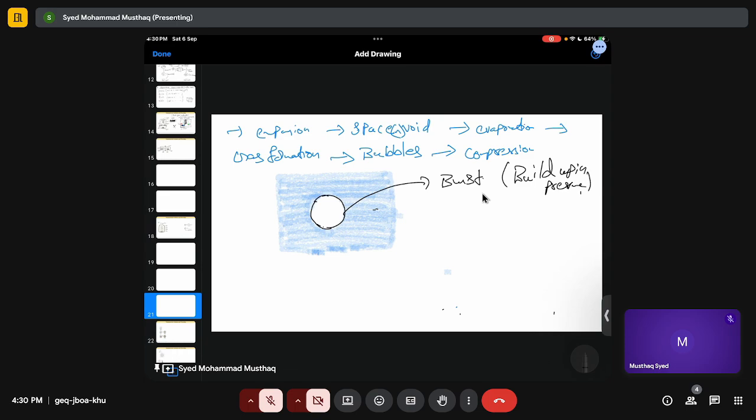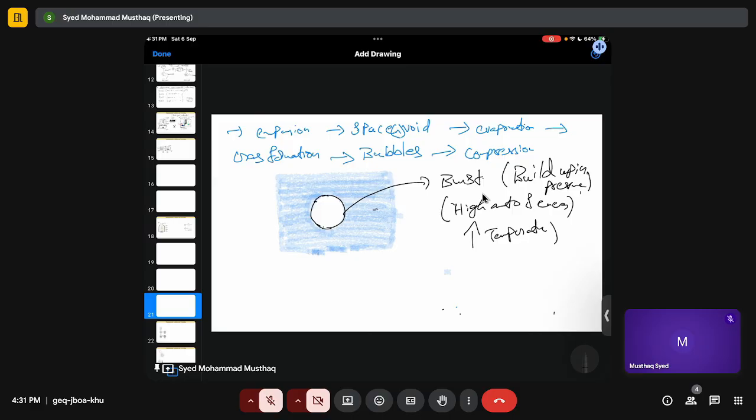So they cannot handle high pressures, these bubbles. The same happens when you just poke a bubble, it will burst. Why? Because you are applying pressure there. Whenever you apply pressure, these bubbles will burst. And when they burst, they release a high amount of energy, which in turn raises the temperature to very large values.